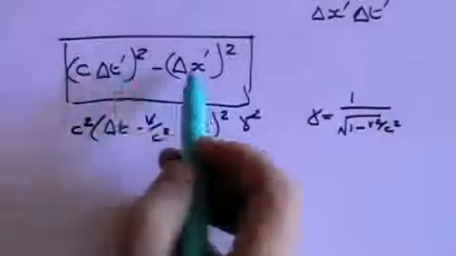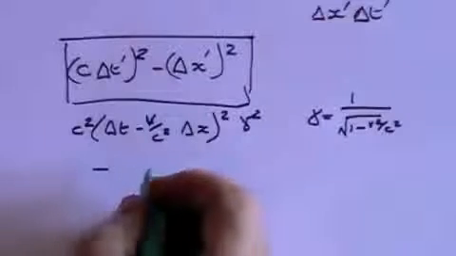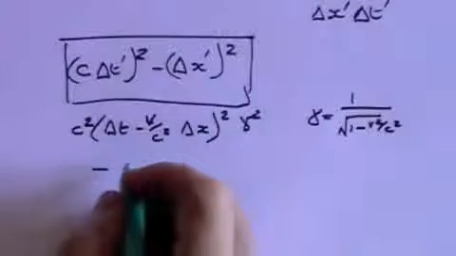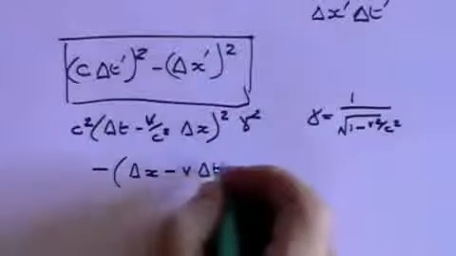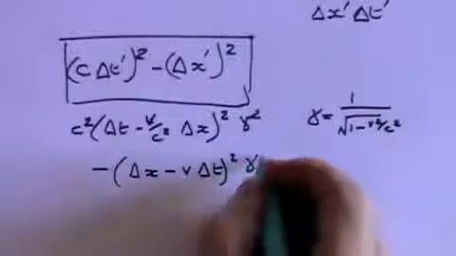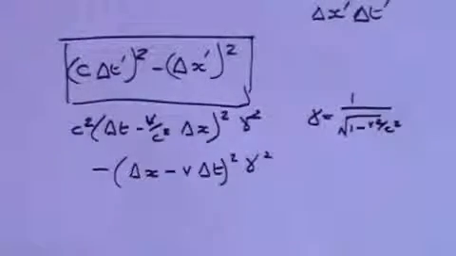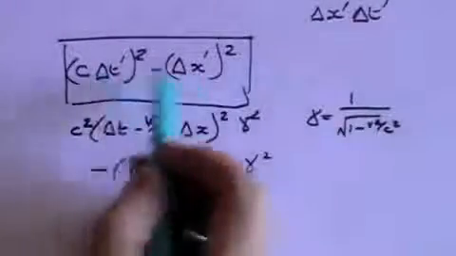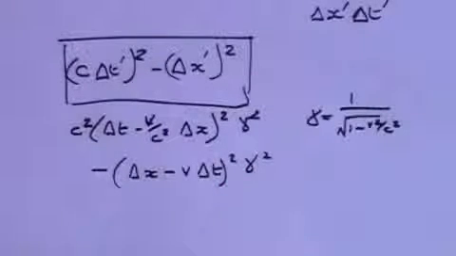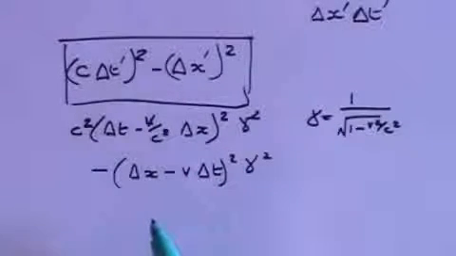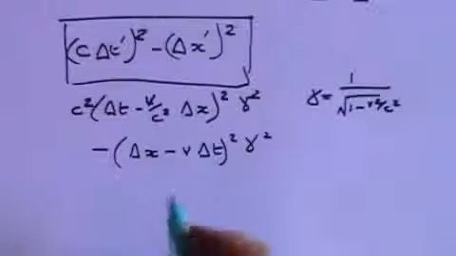Now I've got to do minus delta x prime squared, which is delta x minus v delta t, squared, times gamma squared. So this equals this. Well, now we have to multiply it all out. This is where it gets a bit laborious, but hang on in there.